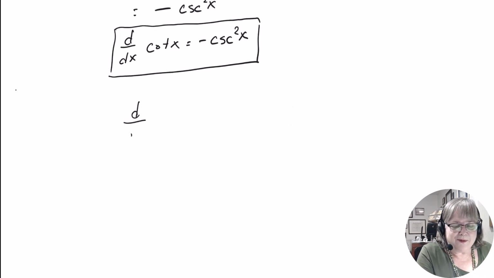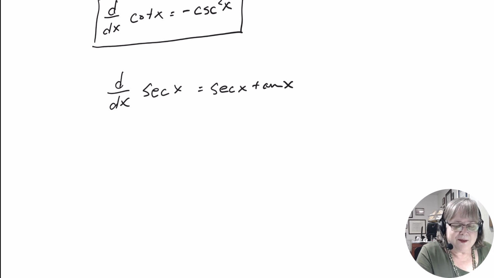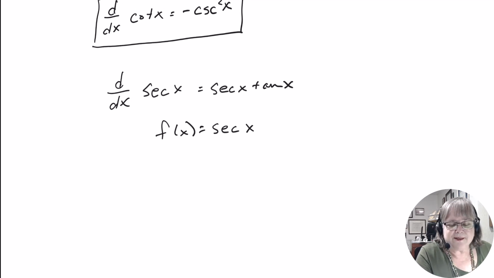Now I'm trying to prove the derivative with respect to x of secant x equals secant x tangent x. That's what I'm trying to prove. So my f is secant x.